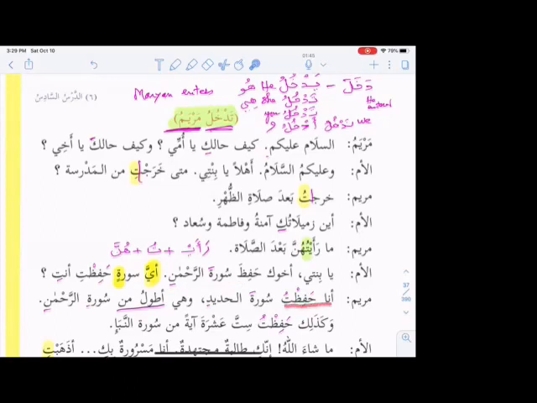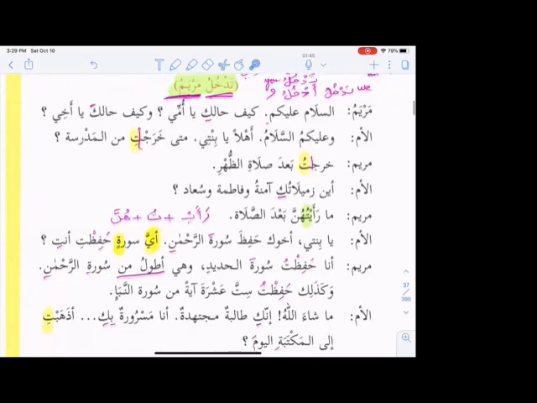Ana hafiztu Surah Al-Hadid. I memorized Surah Al-Hadid. Wahiya, and that surah, atwalu min Surah Al-Rahman. You see, min came. So this is comparative. It is bigger than Surah Al-Rahman.